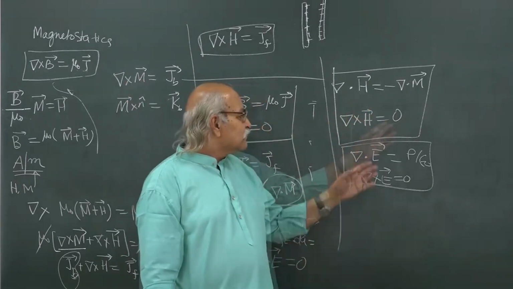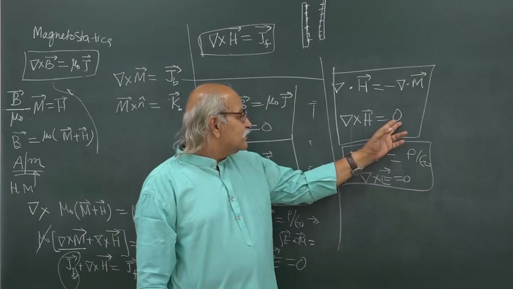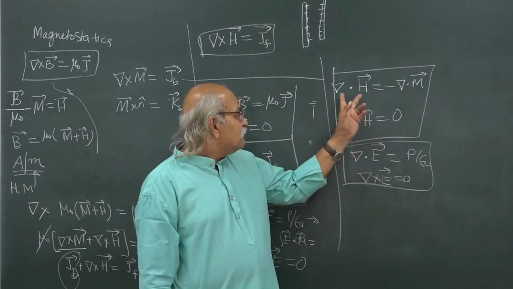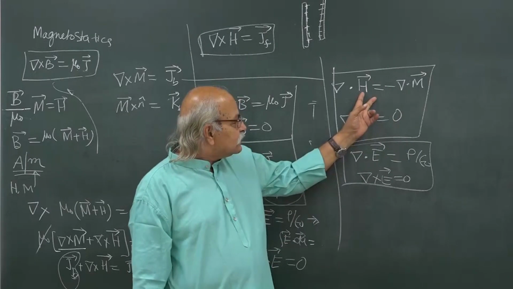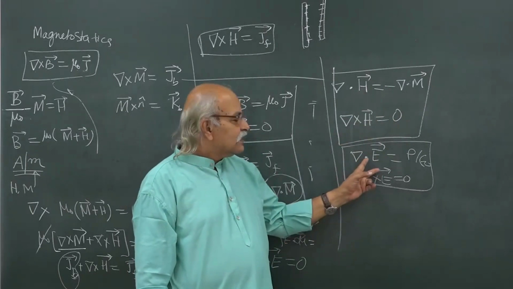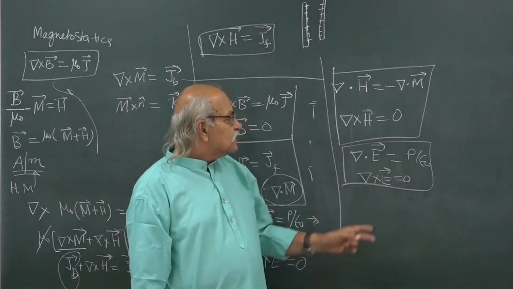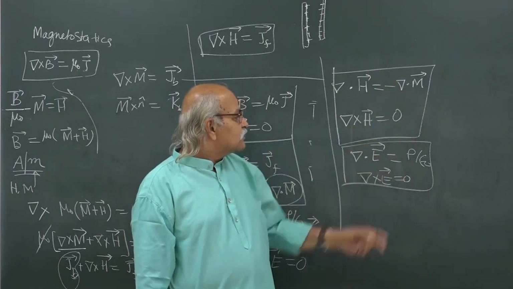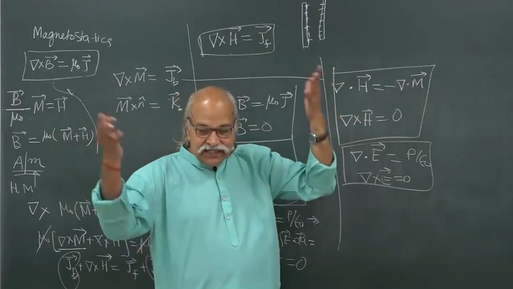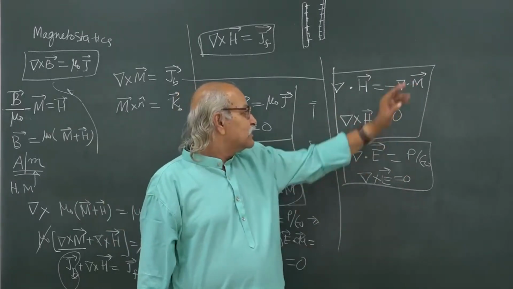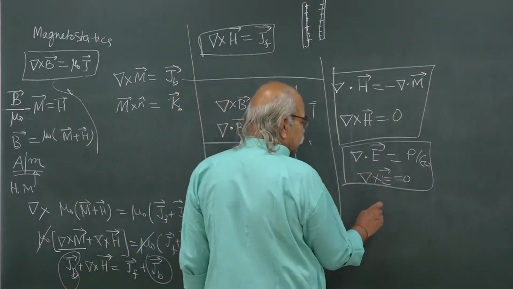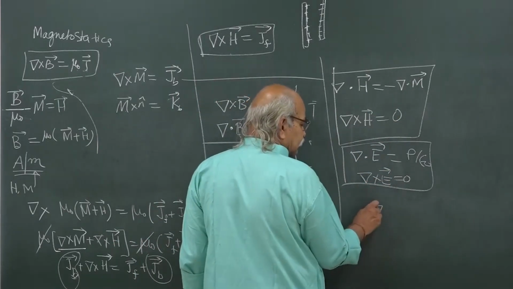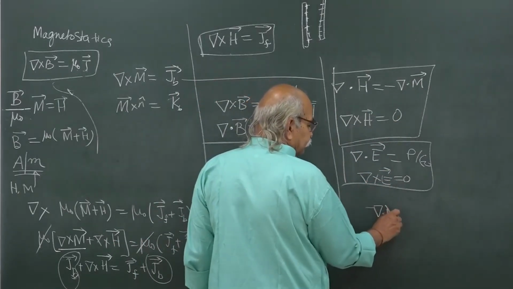The free current density is 0, curl of H is 0, divergence of H is this, and this looks very similar to the case of electrostatics. In place of rho, you have here minus divergence of M. M is given to us, the magnetization we know, so we know what this divergence of M is.